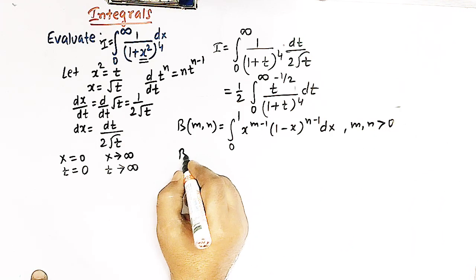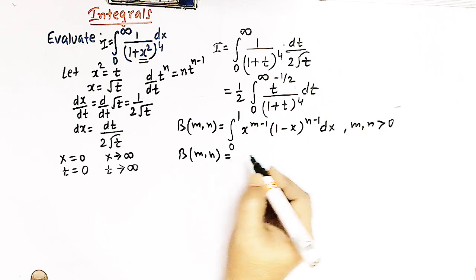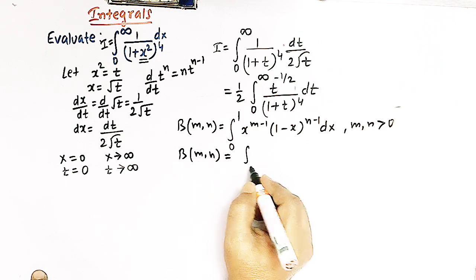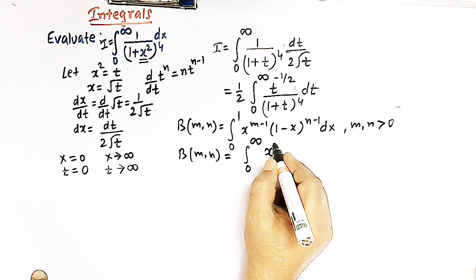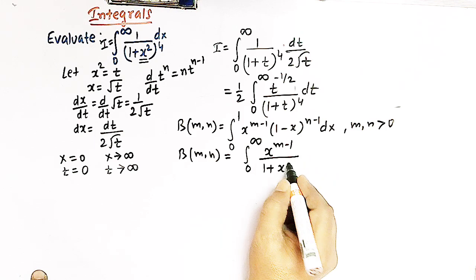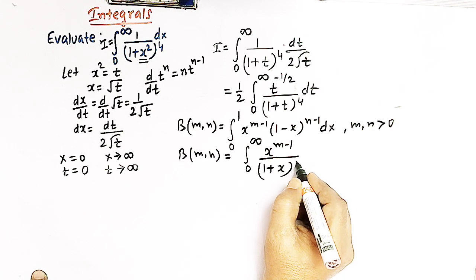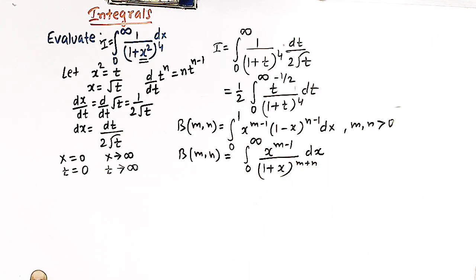So beta function is also defined as beta of m comma n is given by this integral, that is 0 to infinity, x raised to m minus 1, over (1 plus x) raised to m plus n, dx, right?